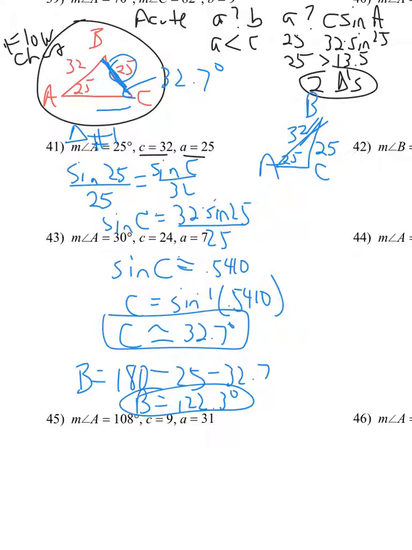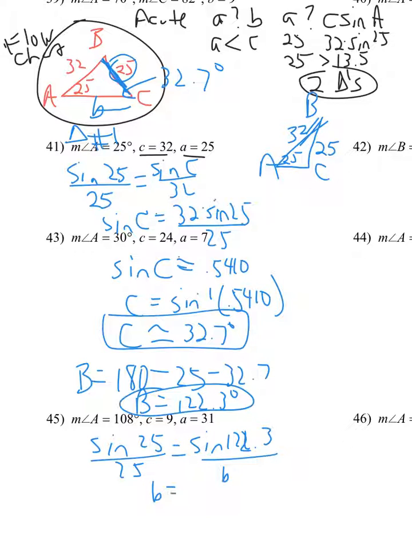And then to find little side B, this side down here, I would do another law of sines. So sine 25 over 25 equals sine 122.3 all over little b.